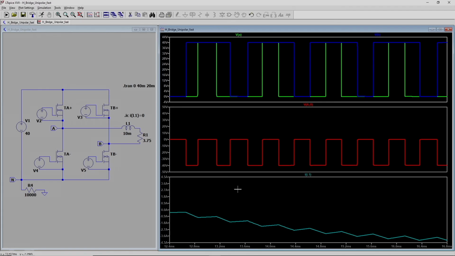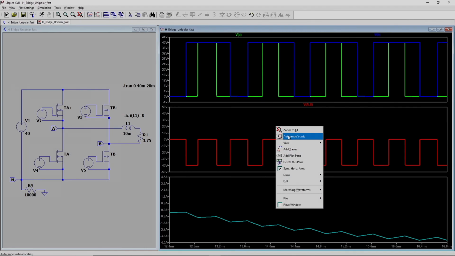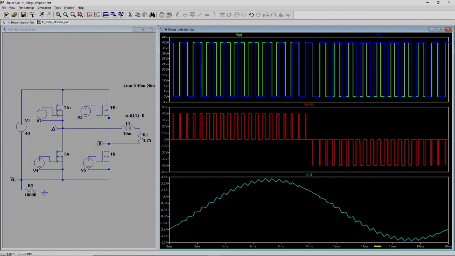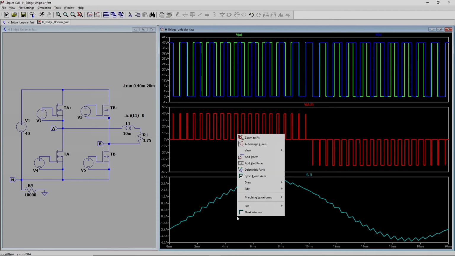Again, whenever the voltage is negative, the current is decreasing, and whenever it becomes 0, the current is increasing. So this is the load current waveform.